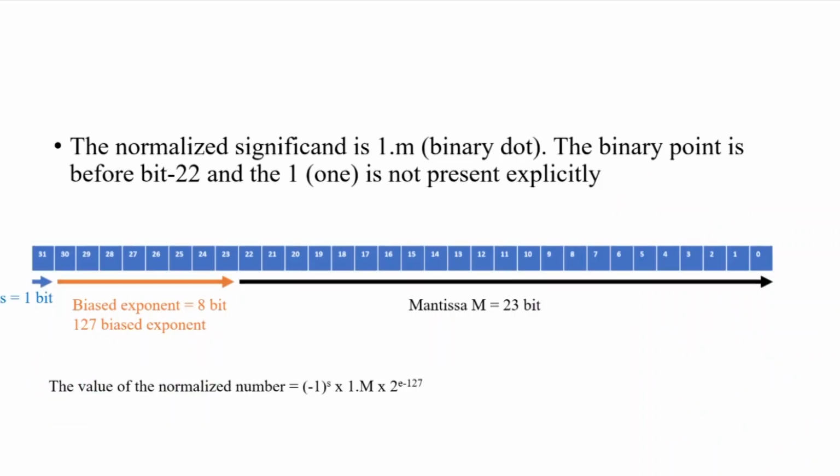Let us take an example. These are the 32 bits; a 32-bit representation means single precision.